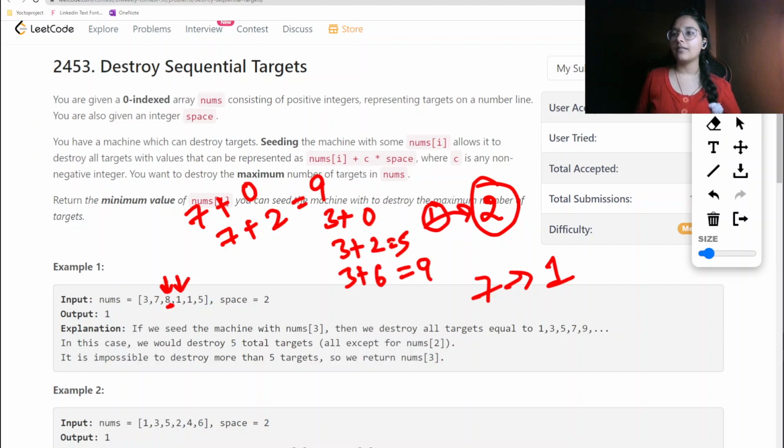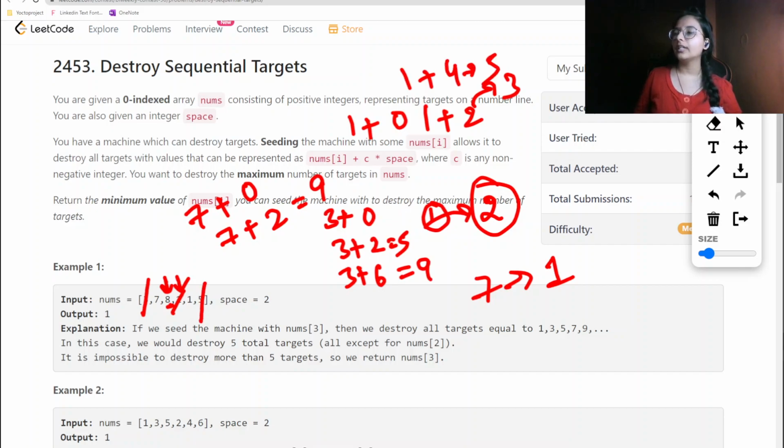And then here we have this 1. So 1 plus 0, this 1 would be destroyed. Then 1 plus 2 into 1, that would be 3, right? So this 3 got destroyed. Then 1 plus 2 into 2, that is 4, so it will be 5. So this 5 got destroyed. Then 1 plus 3 into 2, that is 6, that is 7, so 7 got destroyed.